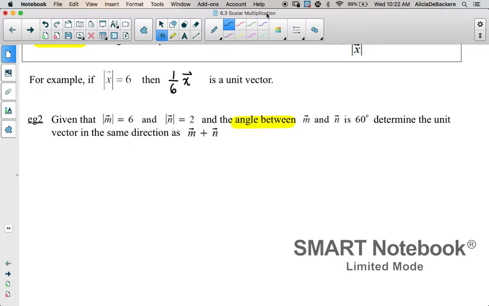The angle between is always between two tails, or it would be exactly the same if you looked at the angle between two heads. But they're not lined up and ready to add is basically what's happening here. We need to determine the unit vector in the same direction as m plus n.